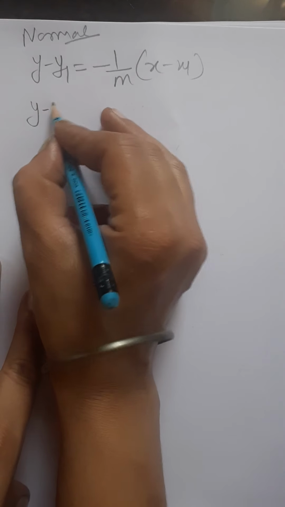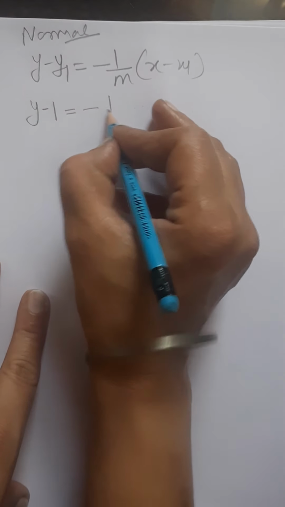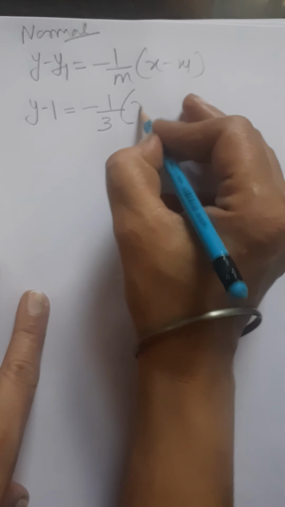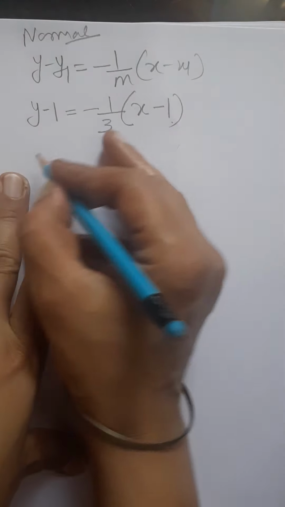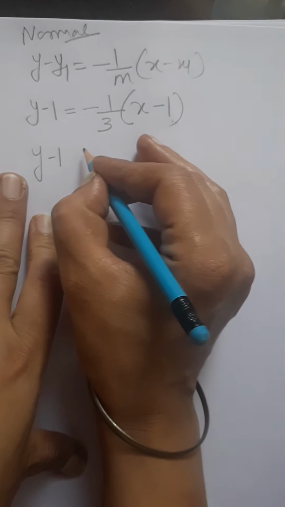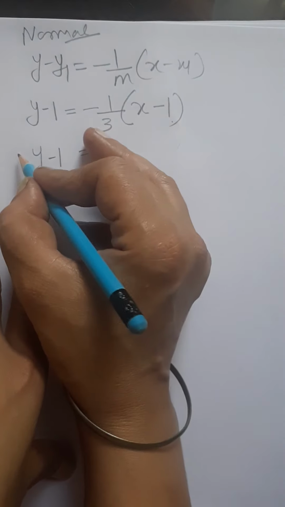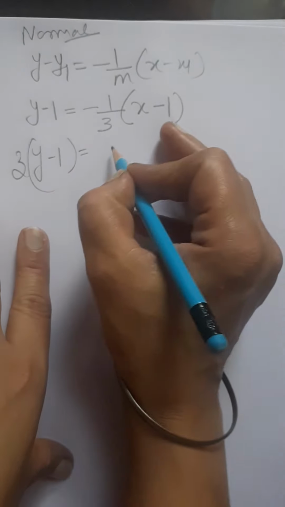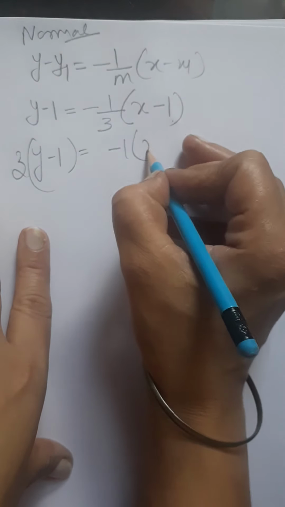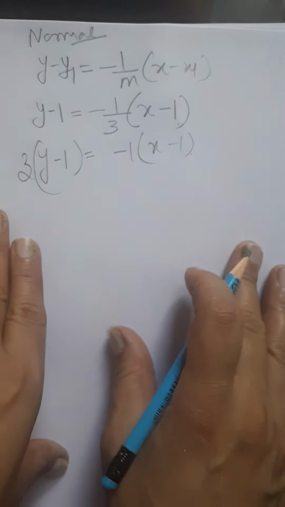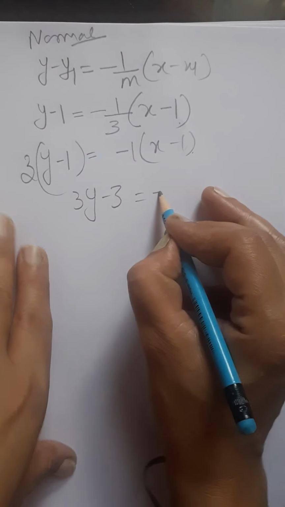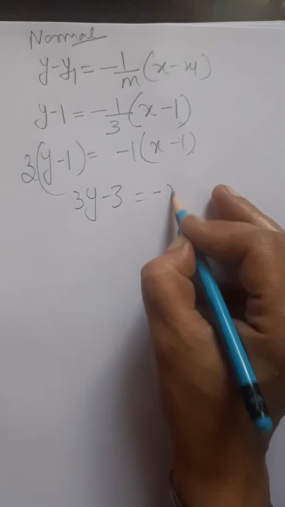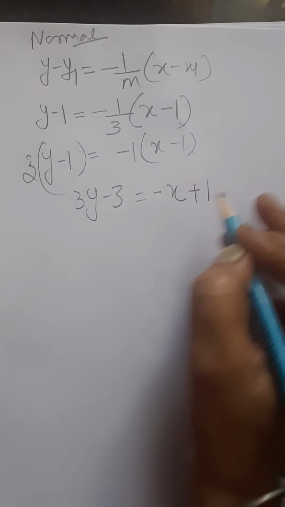We write y minus 1 is equal to minus 1 upon 3 times x minus 1, and then after cross multiplication we get minus x plus 1.